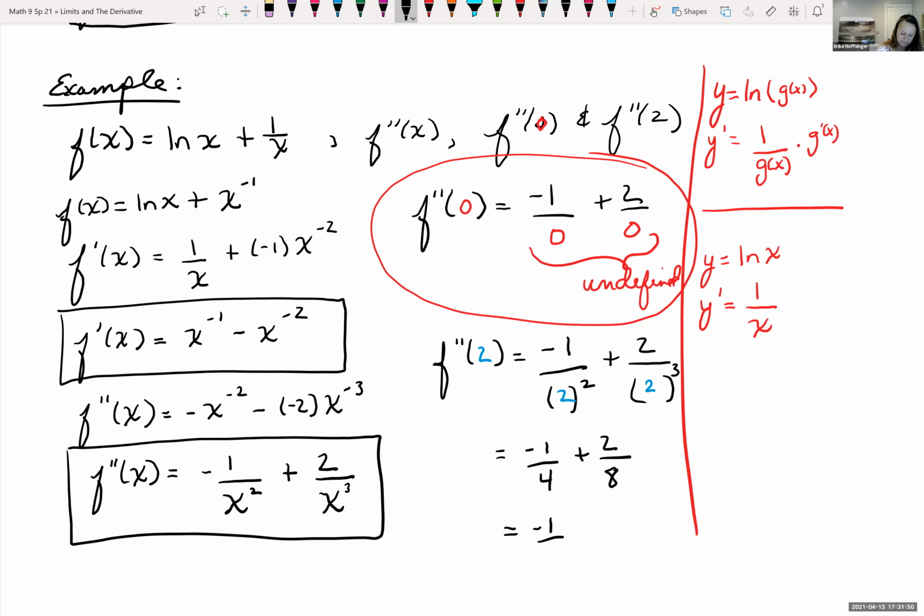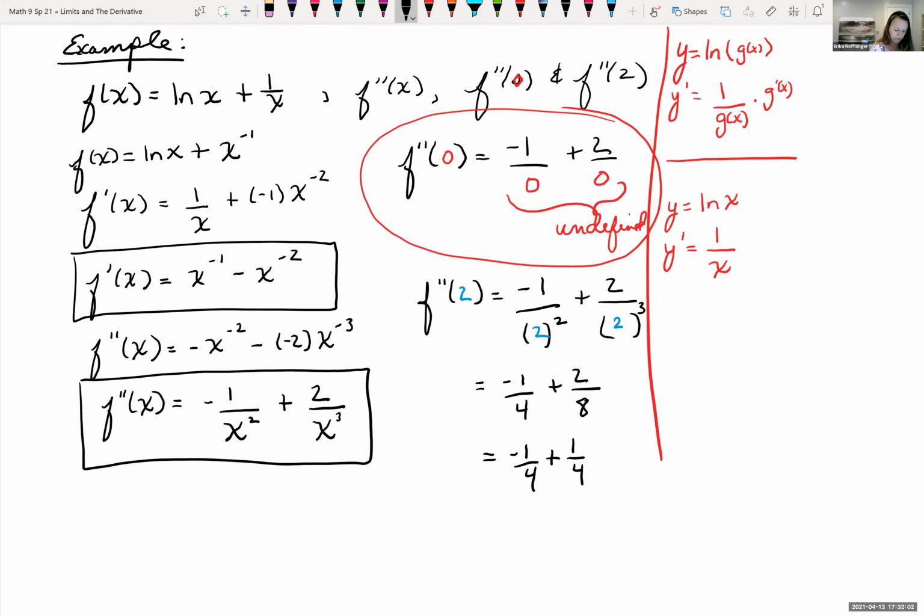So this is negative 1/4. Notice that 2/8 though reduces down to positive 1/4. So negative 1/4 plus 1/4 gives us 0. So the double derivative evaluated at 2 is equal to 0.